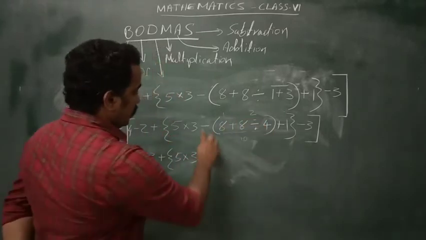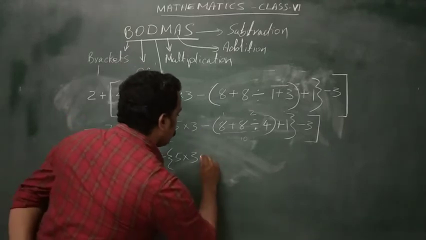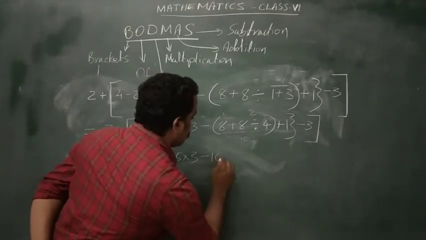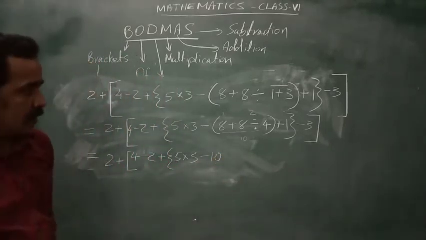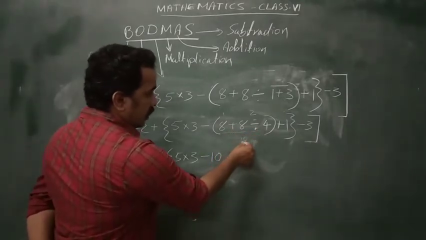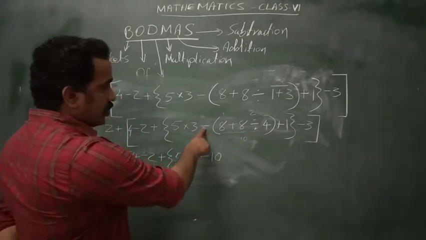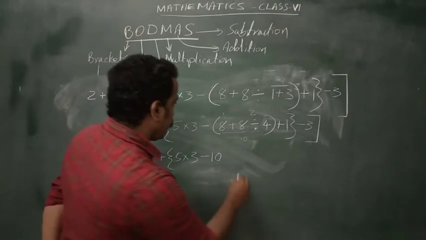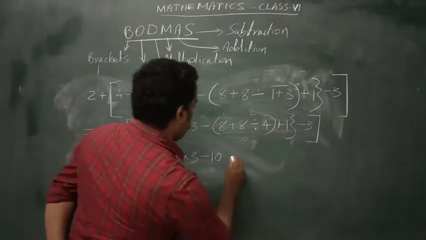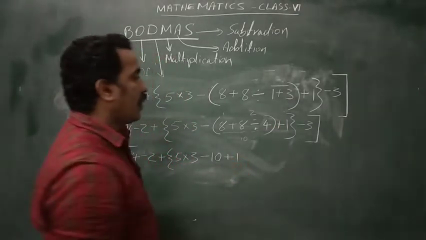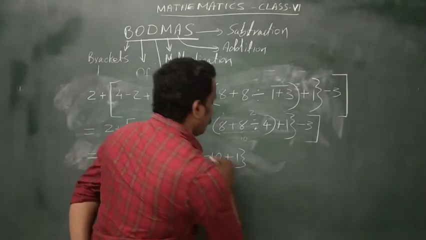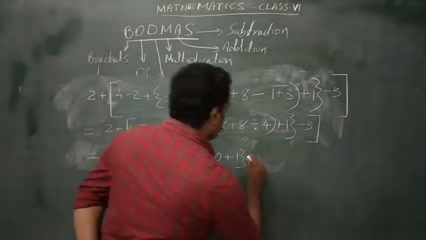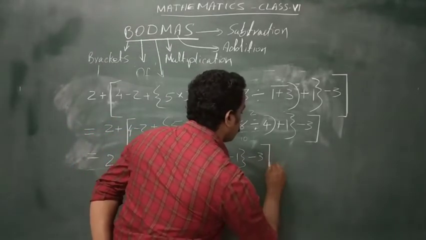So here there is a minus, so minus 10. Inside the bracket it is 10 and here it is minus 10. Now here plus 1, curly bracket closed, minus 3, square bracket.